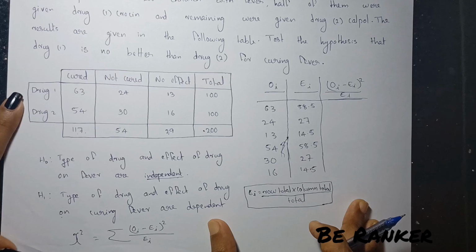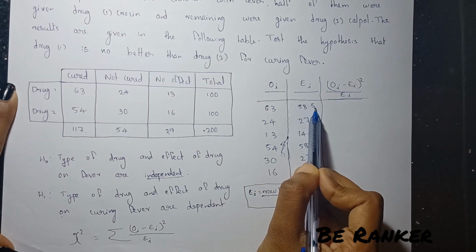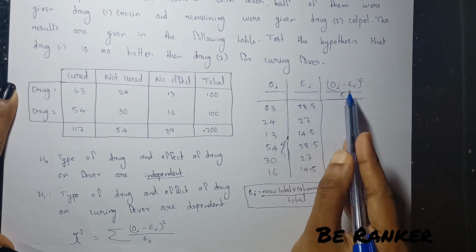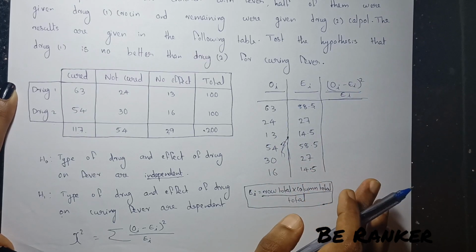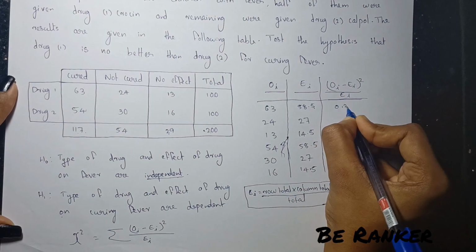Then in the next step, (OI minus EI) whole square by EI can be calculated in one stretch. OI minus EI, that is 63 minus 58.5 whole square. We calculate the square of that value and then divide by 58.5. This can be easily found using a calculator. So the value is 0.35.